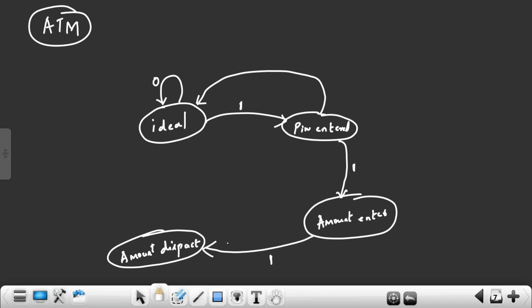If I enter 10,000, that is a violation. If you see any violation in the amount entering, you will go back to the idle state. If it is proper, you go to the amount dispatching state. If dispatching is done, you go back to the idle state. If it is not done, you stay in the same state till the amount is dispatched.